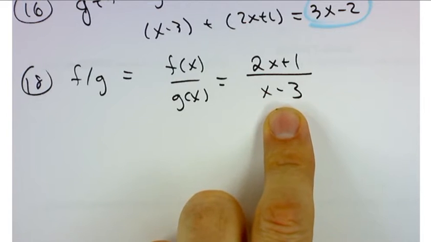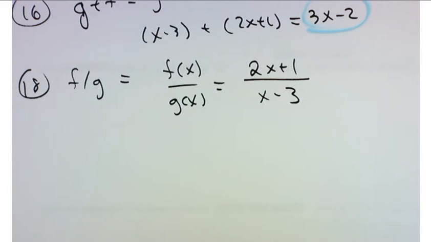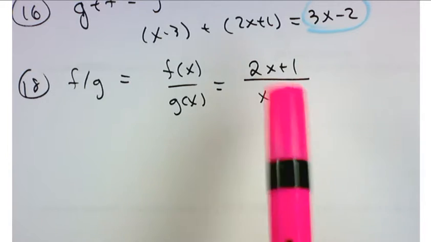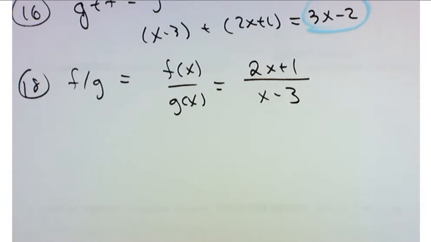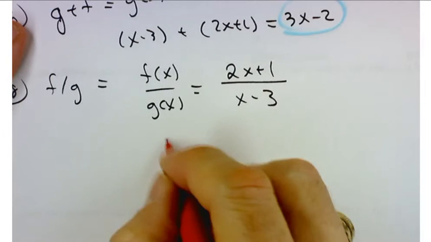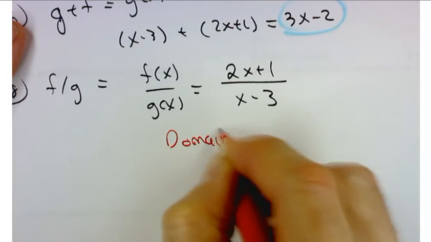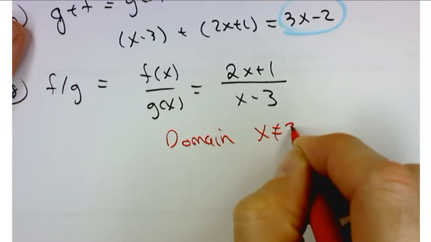In problem number 18, they want to know what's the domain. So the domain is all real numbers except any number that's going to cause a problem. Can you see a number that's going to cause a problem when I plug it into f of x divided by g of x? 3. So your domain is everything but 3. And you can write that in a couple ways. You can say your domain is x not equal to 3.